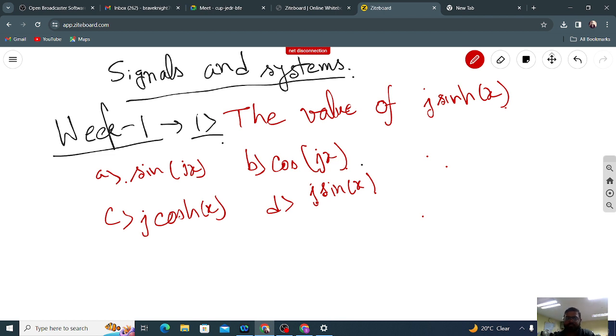So let me solve it step by step. We can write sin of x as follows: e to the power jx minus e to the power minus jx by 2j.